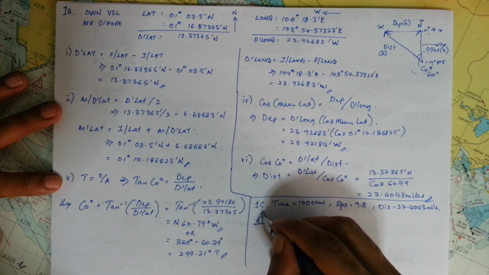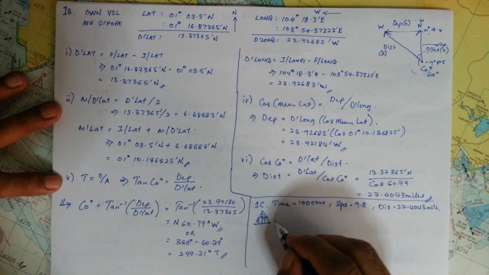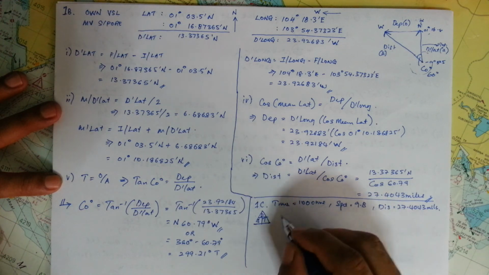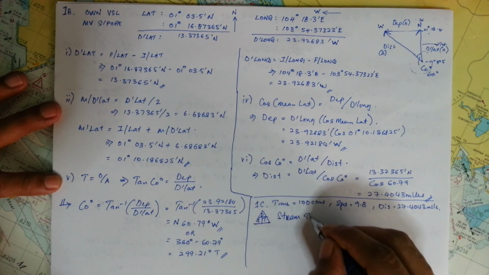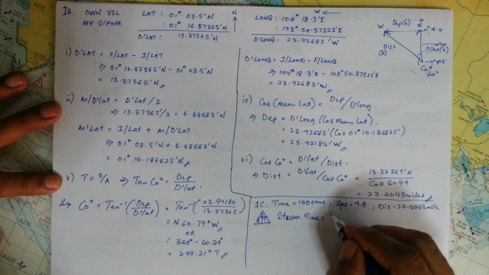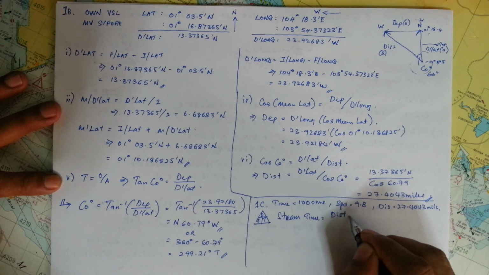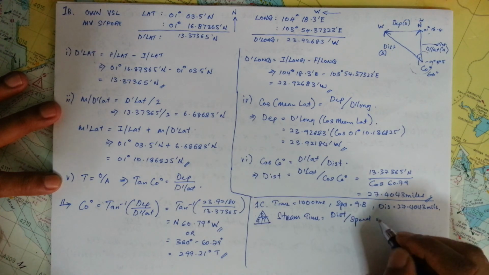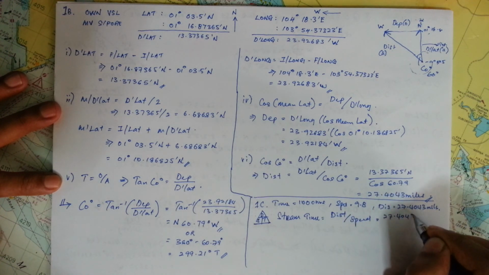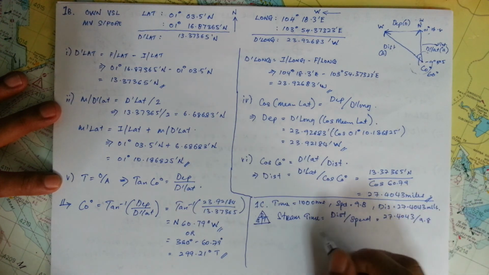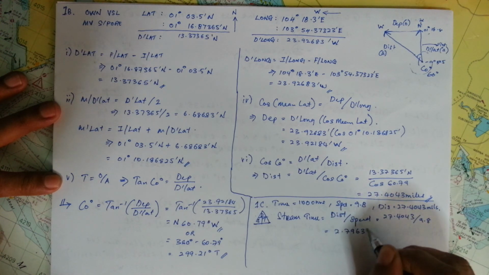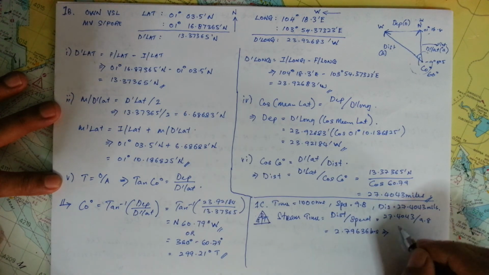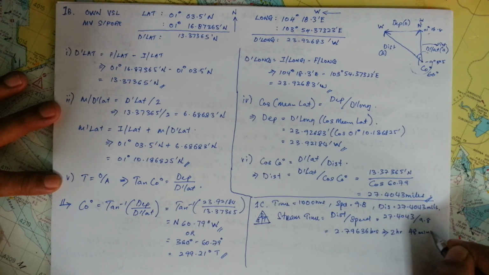Speed equals distance divided by time. So if I need to know the steaming time, for how long, the distance traveled divided by the speed, which equals 27.4043 divided by 9.8, and the steaming time is 2.79636 hours, which is also equivalent to 2 hours and 48 minutes approximately.